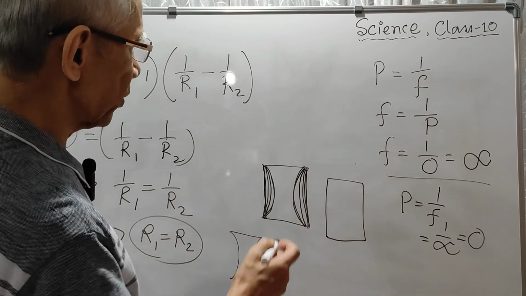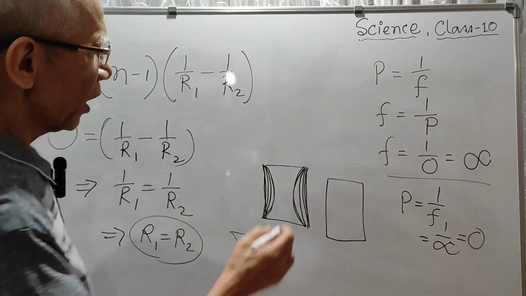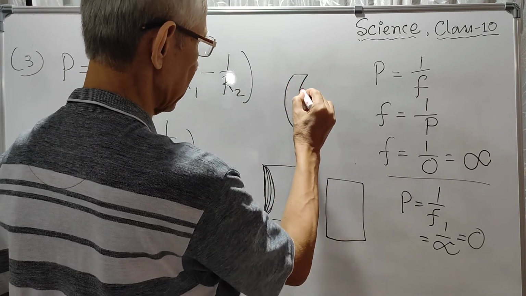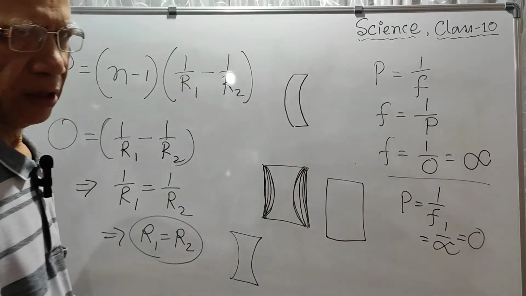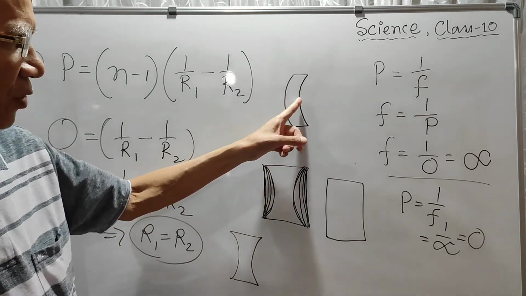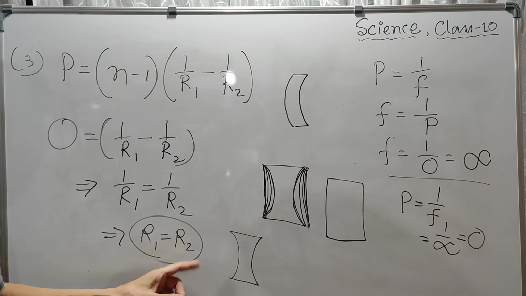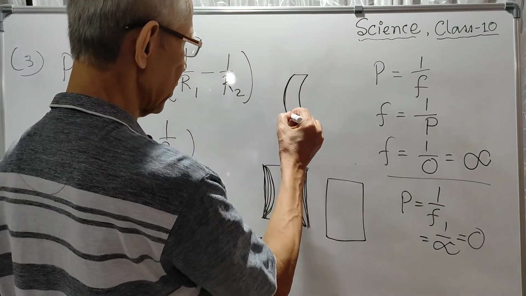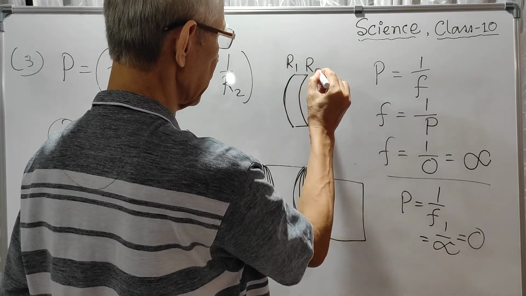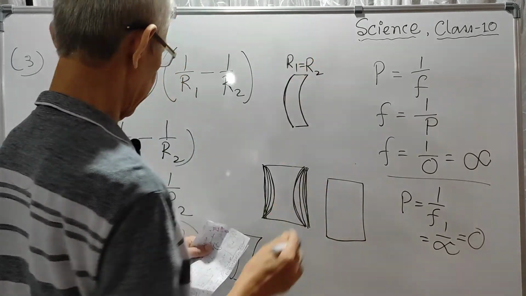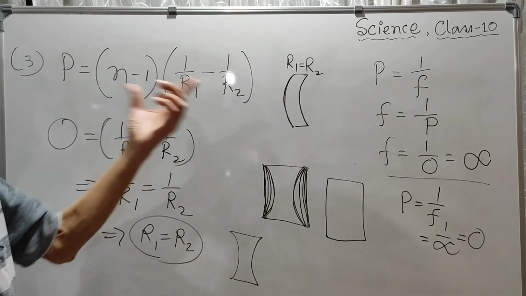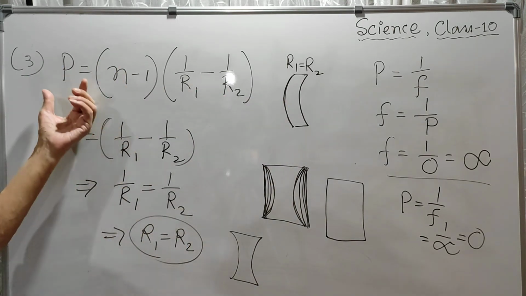Now this is how sunglasses are made. In the curvature of the sunglass, these two surfaces have same radius of curvature. So this surface has radius of curvature R1, this surface has radius of curvature R2, and they are equal. So this is how the lens makers make sunglasses using this formula.